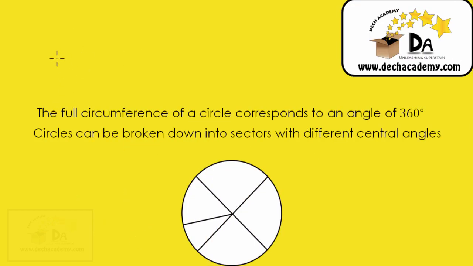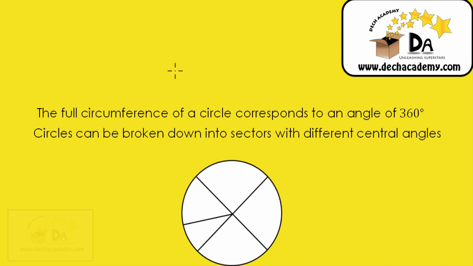Now I'm going to focus on the theme of this video. We're trying to determine arc lengths. And you can understand where the formula comes from by thinking of the following. If you think of the full circumference of a circle as a length that corresponds to an angle of 360 degrees.